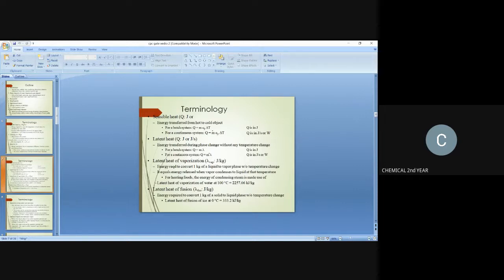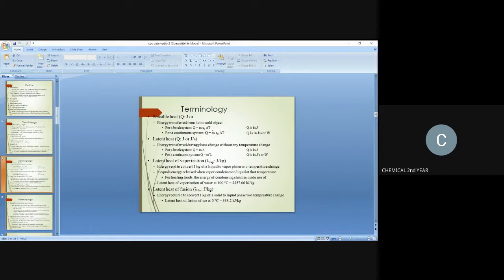Next, latent heat of vaporization, represented as lambda vapor, and its unit is joule per kg. It is defined as the energy required to convert 1 kilogram of a liquid to vapor phase without temperature change. It equals the energy released when vapor condenses to liquid at that temperature.